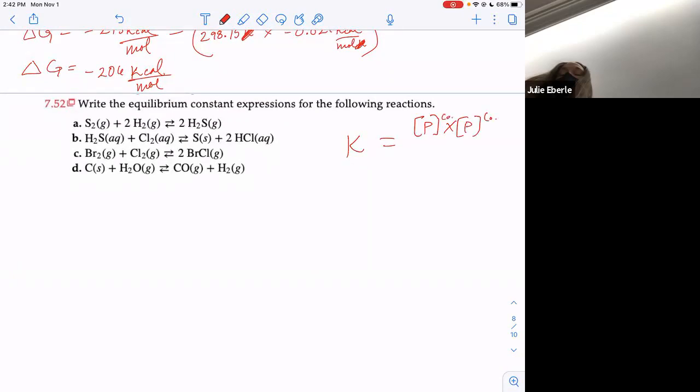You plug those in as exponents, if you have anything besides a 1, over the concentration of reactants. If you have more than one reactant, it'll be reactant times reactant. And what do we not include? We don't include solids or liquids, only things that are aqueous or gases.